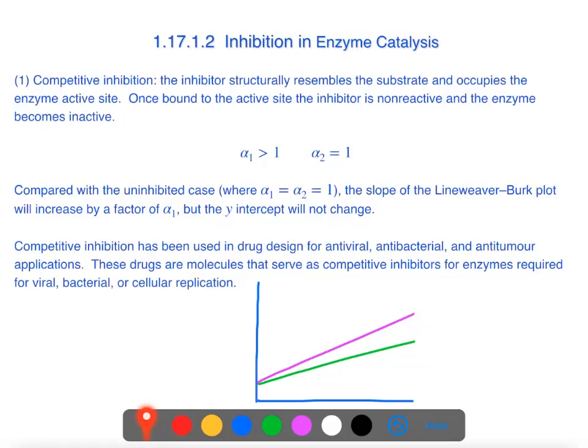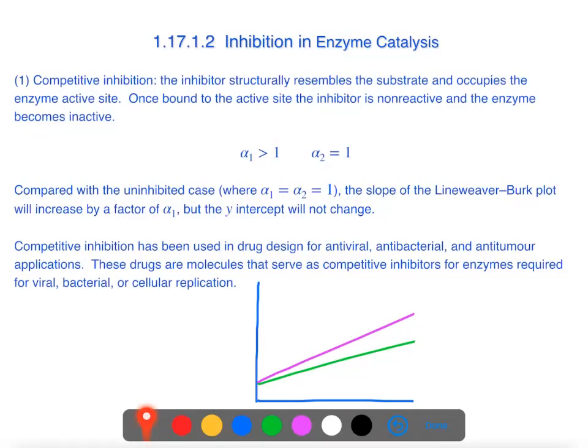So in this particular case, we're going to see an increase in the slope of the inhibited reaction by a factor of alpha 1 compared to the uninhibited reaction. However, in this type of inhibition, the y-intercept will not change. That is, we're going to see a similar y-intercept for the inhibited and uninhibited cases.